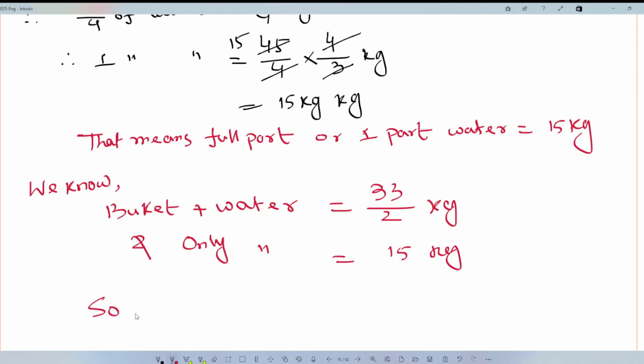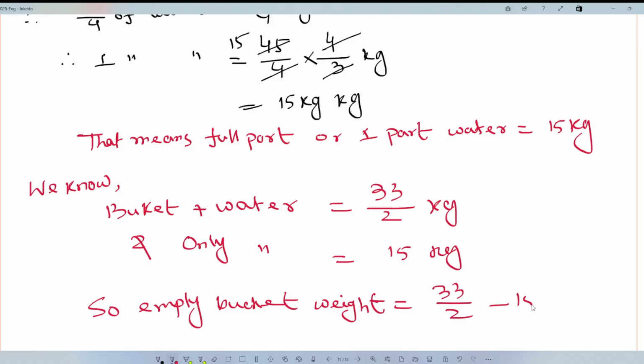So empty bucket weight equals 33/2 minus 15 kg.